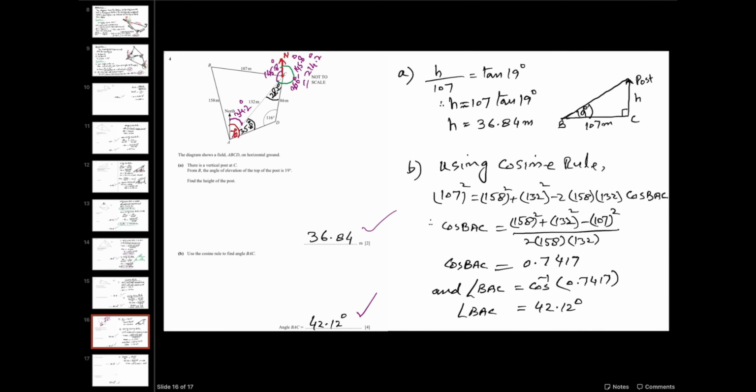And after using the calculator, I got cos BAC is equal to 0.7417. And angle BAC is equal to inverse cos of 0.7417. Hence the value of angle BAC is equal to 42.12 degree.